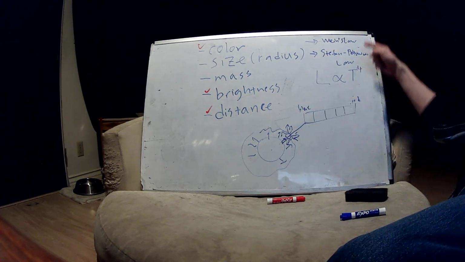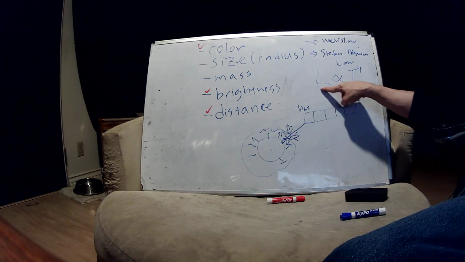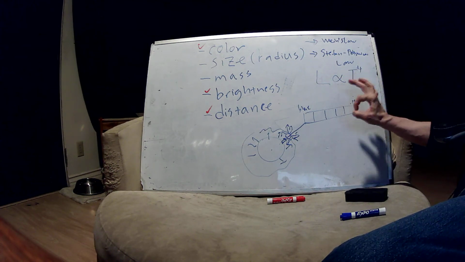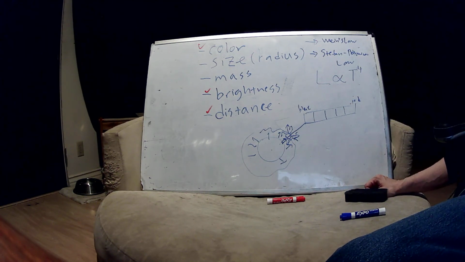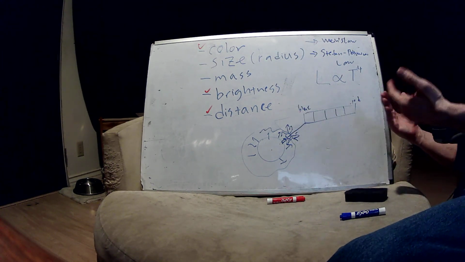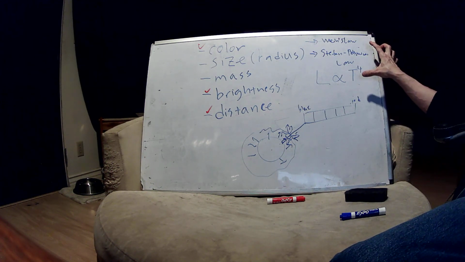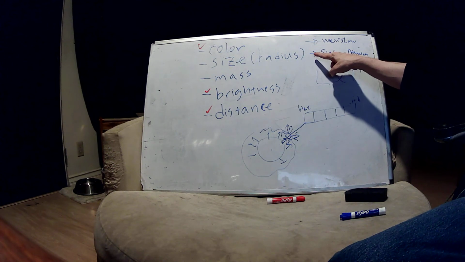Well, if they both have the same color, then they should be giving off the same amount of energy per unit area, right? And if they're at the same distance, they should appear the same brightness if they're the same temperature, and also the same size.